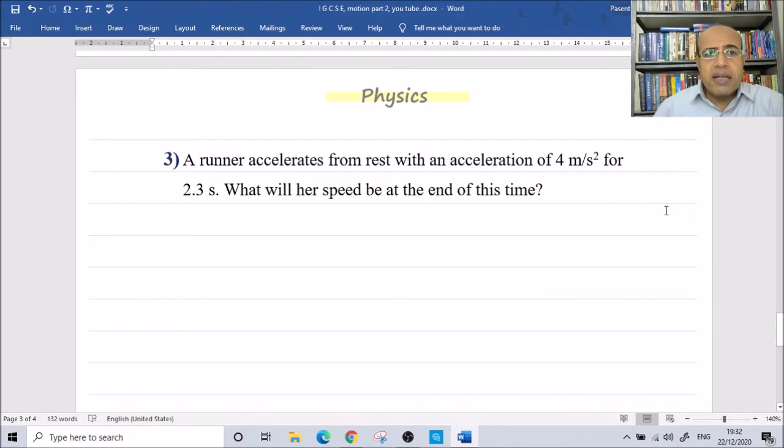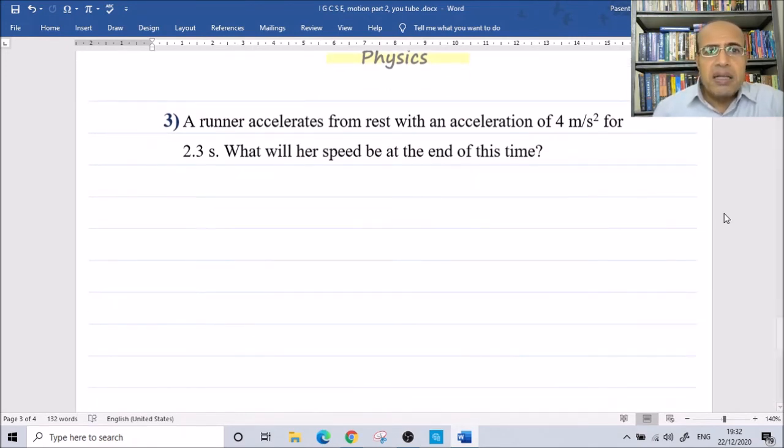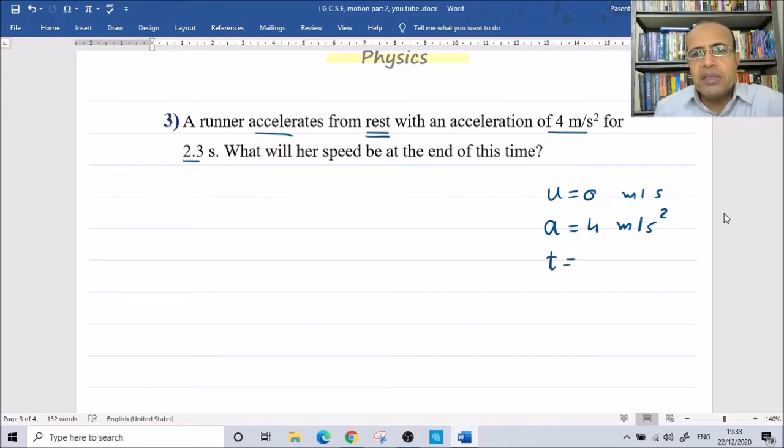Now, the next question. A runner accelerates from rest. From rest, it means that the initial velocity is 0. With an acceleration. In that question, we have the value of acceleration: a equals 4 meter per second squared for 2.3 seconds. So the time is 2.3 seconds. What will be here? Speed at the end of this time. We need v.